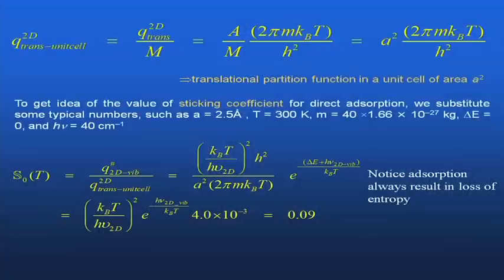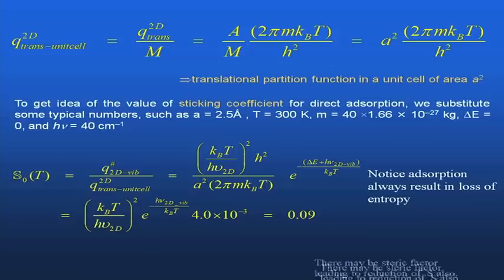One more important point that we should think of is the adsorption process and the corresponding change in entropy. If something is adsorbed onto the surface, before adsorption it had more degrees of freedom to move.